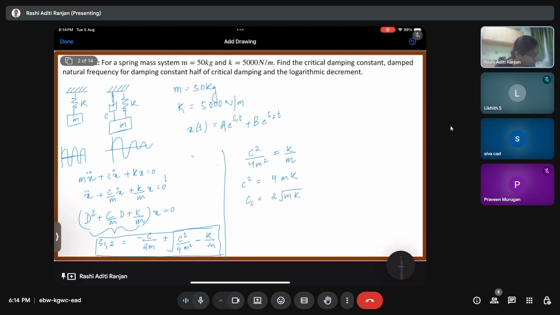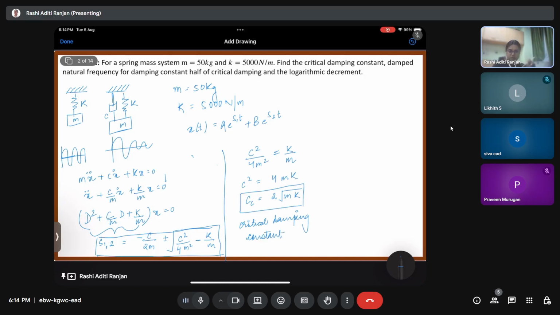And this is what is called the critical damping constant. Okay, this is the critical damping constant.